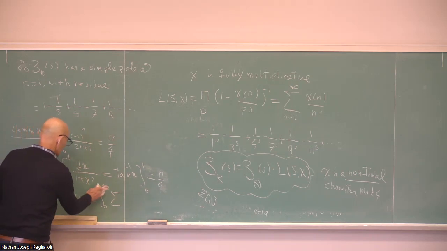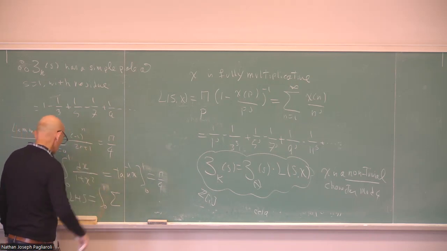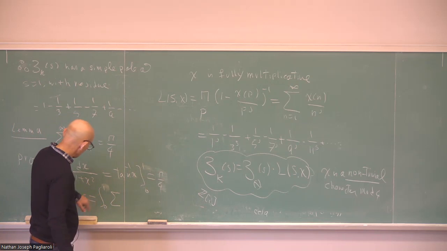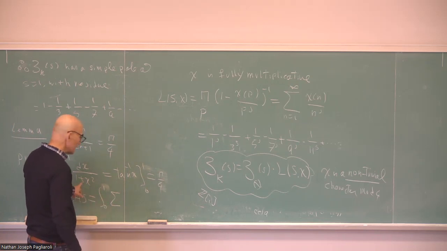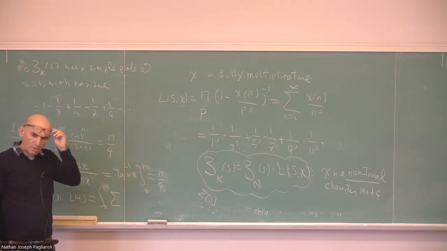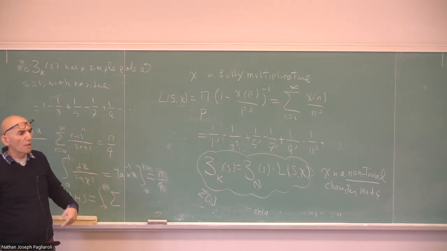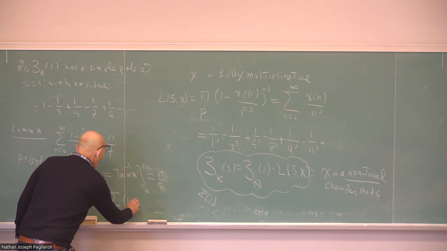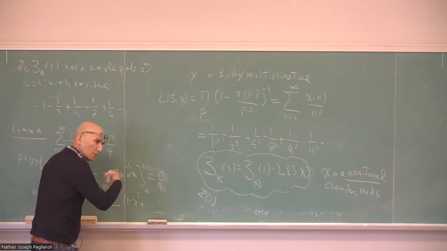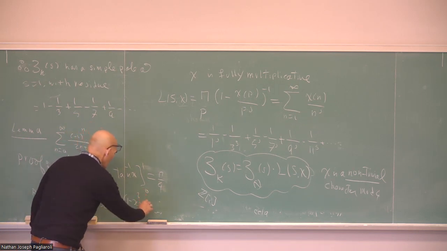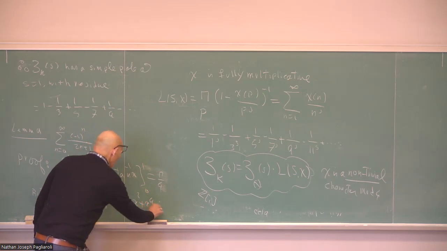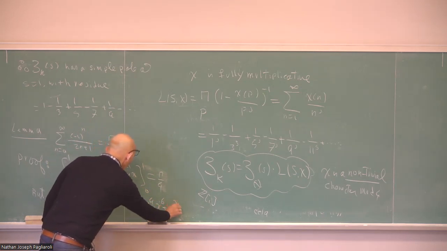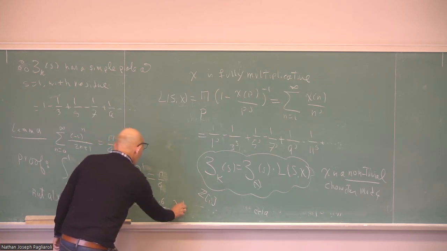Oh, shoot, 0 to 1. What is this geometric series? This is 1 minus x squared plus x to the 4, minus x to the 6, and so on, dx.